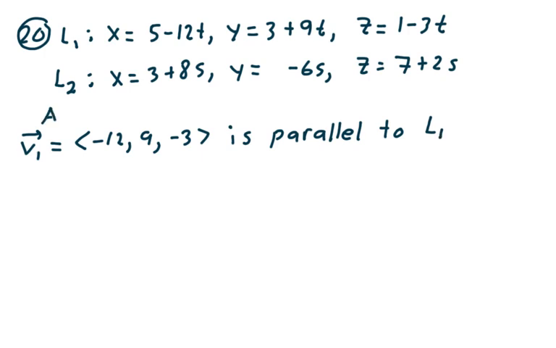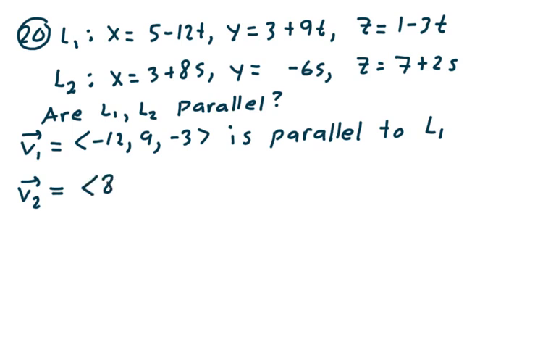And let's put up here, are L1 and L2 parallel? We're going to do the same thing. V2, which is equal to the vector 8, negative 6, 2, is parallel to L2.